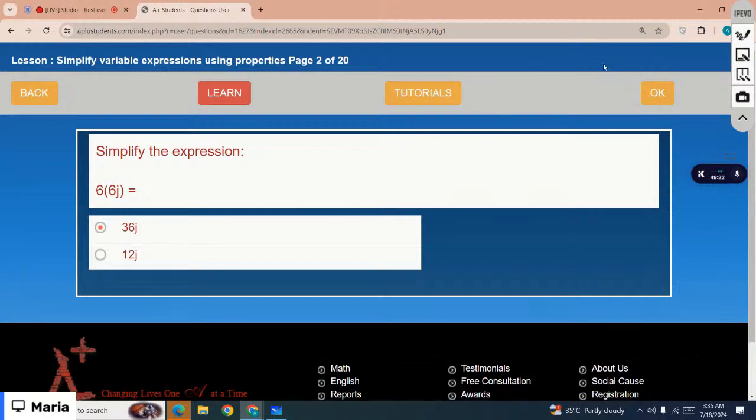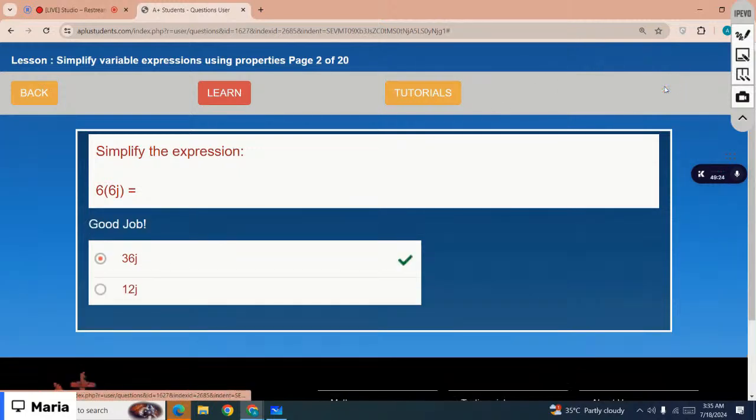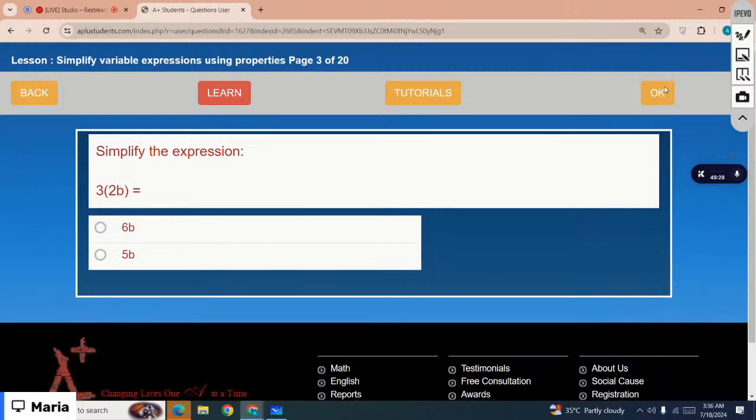Option number one is the correct option. Simplify the expression, so which is the correct option?